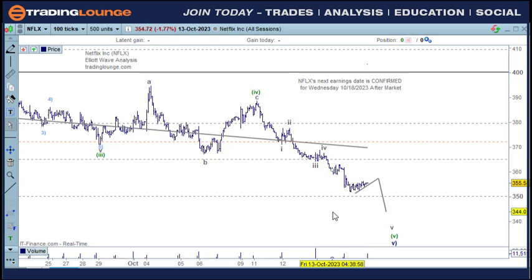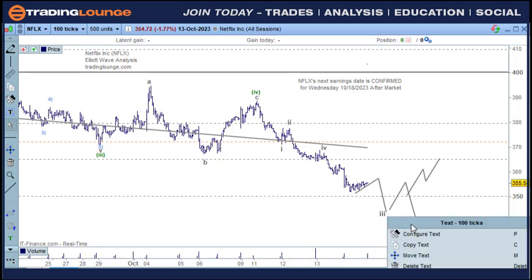I don't have a nice impulse wave to the upside. That's really what we're looking for at this point. So we could extend this all the way down to here, really. That's another way of looking at it, as 1, 2, 3, 4, 5 here, and then 4, and then 5 here. So there are different ways to view that, but we'll just see how it goes.